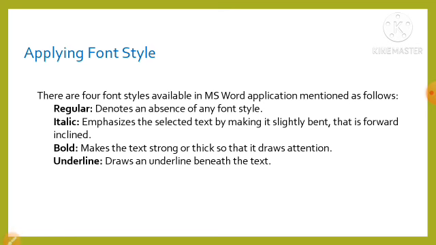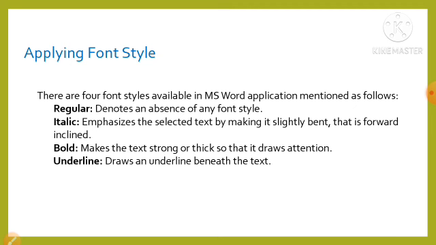Now if you want to give more importance to a text, character or line, we can do this by making it bold, italic or underlined, thereby enhancing the appearance of the document. There are 4 font styles available in the MS Word application. Number 1 is regular, that denotes an absence of any font style. Then italic, it emphasizes the selected text by making it slightly bent, that is forward inclined.